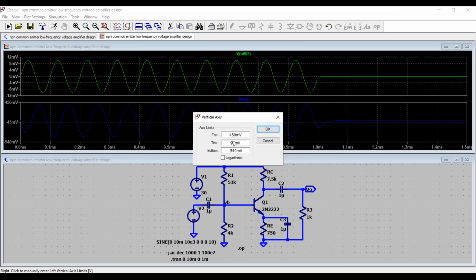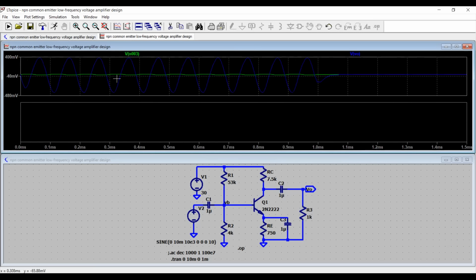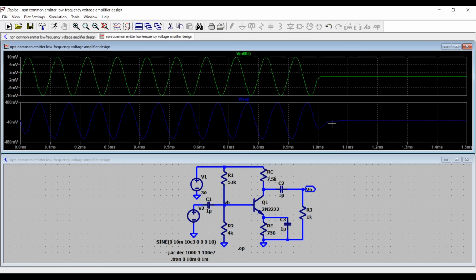So how about I just do it like 10 millivolt and see if things are happening, or maybe just have them on together. So now it is what? Yeah, it's about 400 millivolt, right? So output is 40 times greater as expected. Theoretically, we had the gain of 50.